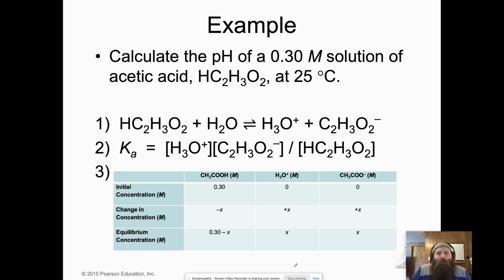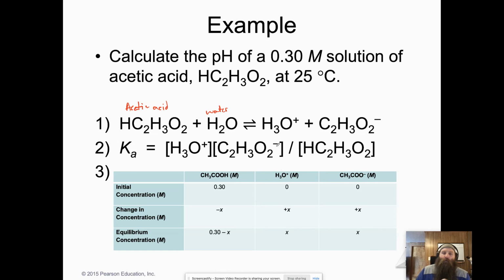So we have: calculate the pH of a 0.3 molar solution of acetic acid at 25C. All right, well, the first thing we need to do is write our equation. So we have acetic acid plus water at equilibrium, right? What's the assumption here? If we're able to do this, it must be weak.